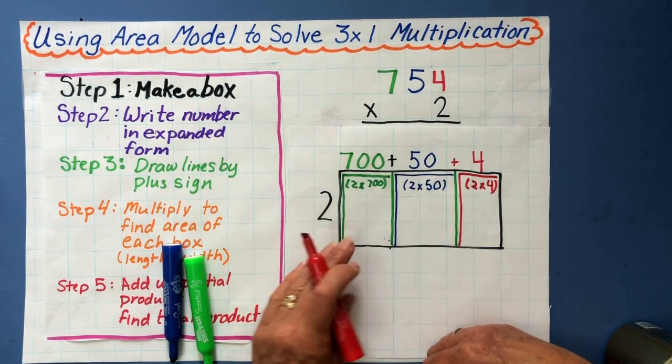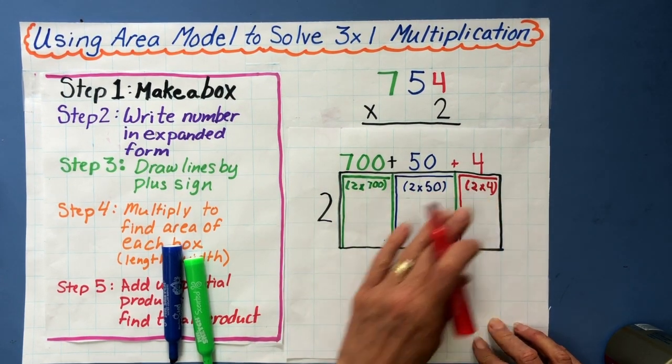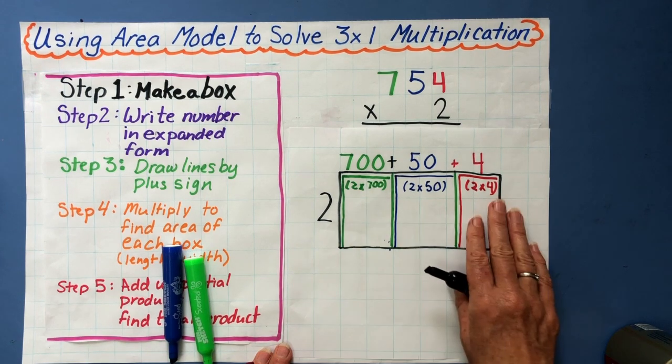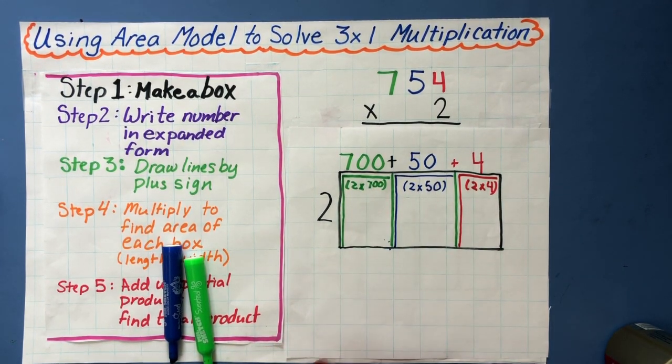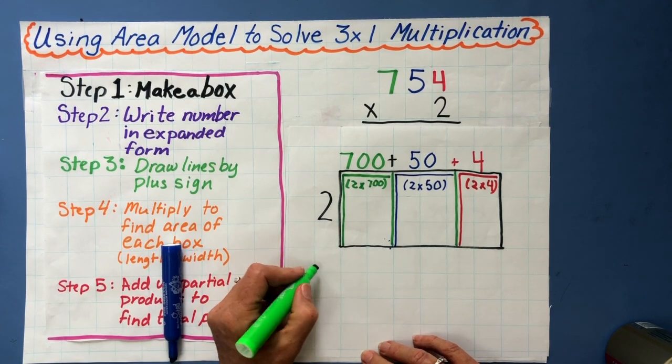And now I've got all the lengths and the widths of each box. So I'm going to solve this now. I'm going to do it down here because I like to write it like a partial product problem because you might see those also.